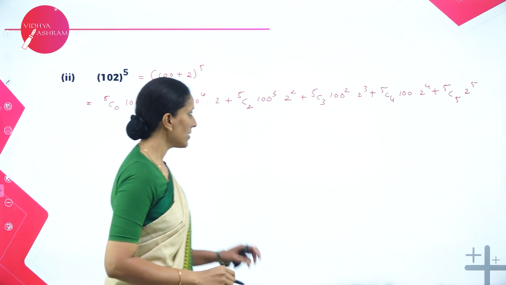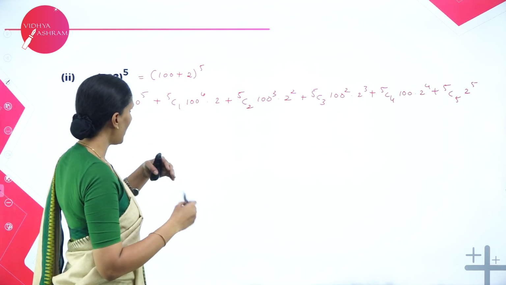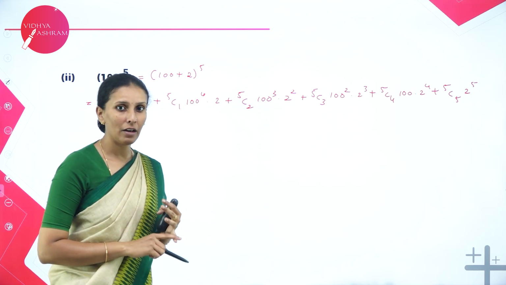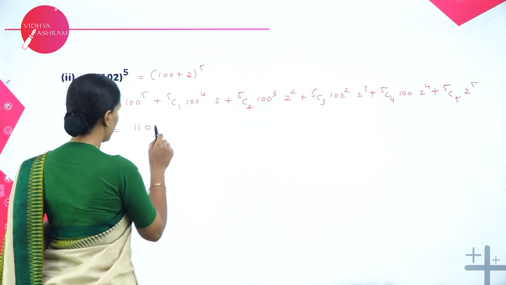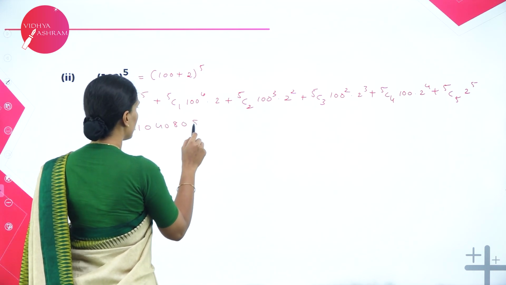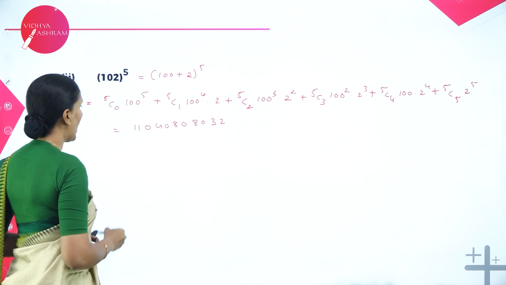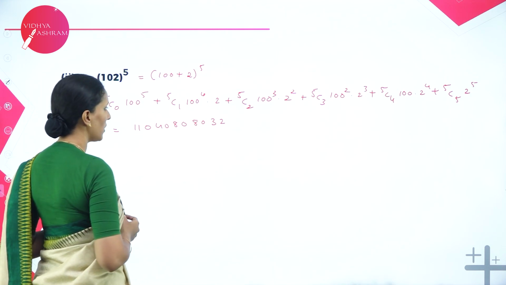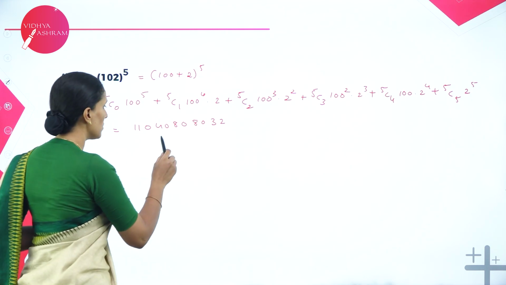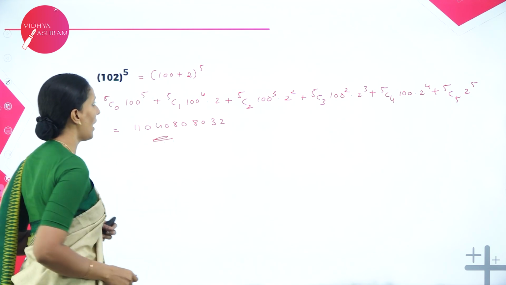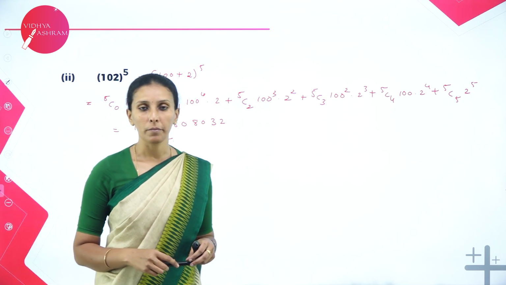So if you expand this using the binomial coefficient and multiply the 100 and 2s, the final value will be 11,040,808,032. So this is the value you will get when you expand 102 using binomial expansion.